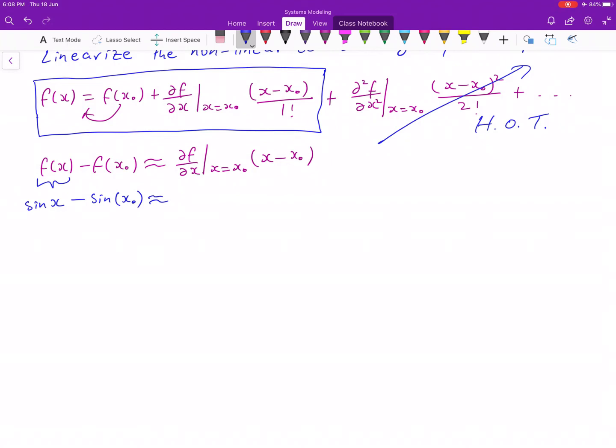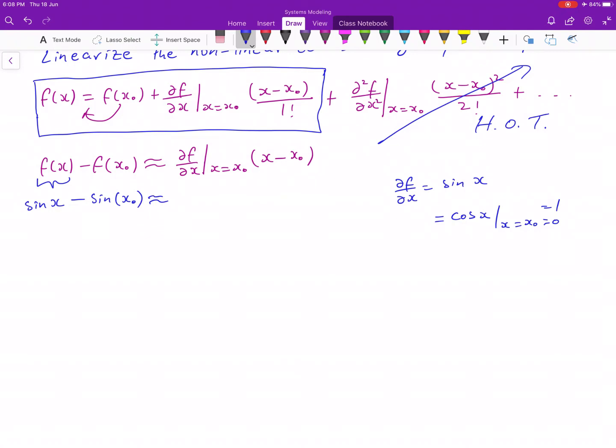Now we want to differentiate. To differentiate a sine function with respect to x, we are going to have cosine of x, and we are evaluating at x equal to x naught, which is equal to 0, which will just give us 1.